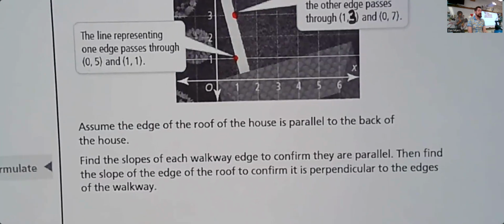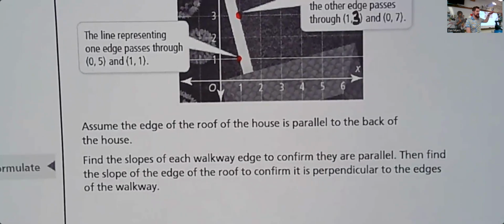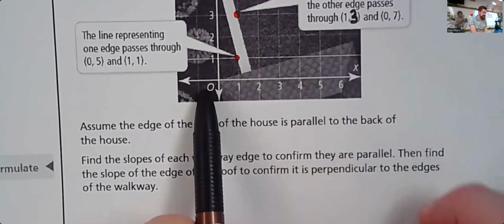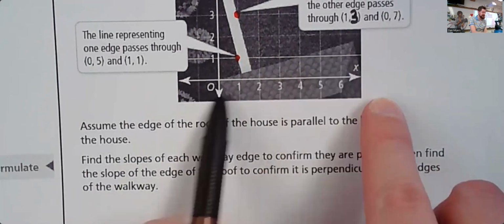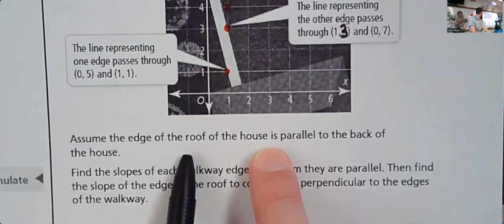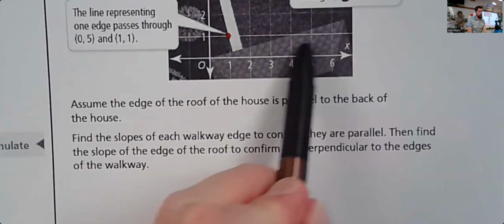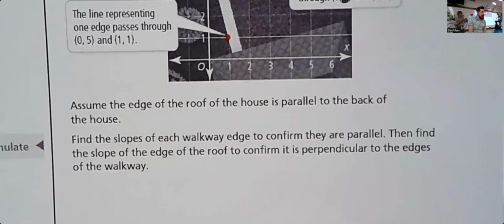As a lot of you are aware, if you've ever looked at a home, the roof of the house extends a little bit further than the edge of the house, right? So what we're saying is that the wall of the house is going to be parallel to this one, but a little bit set back. So we don't need to worry about figuring out where the wall of the house is underneath here. We're just saying it's parallel to the roof line there.